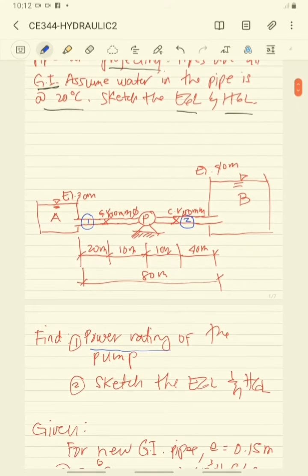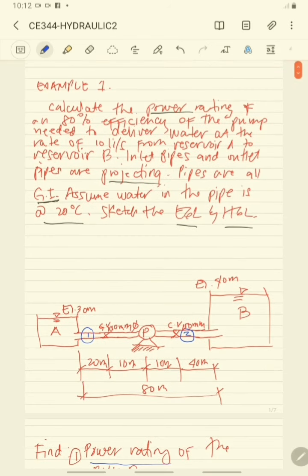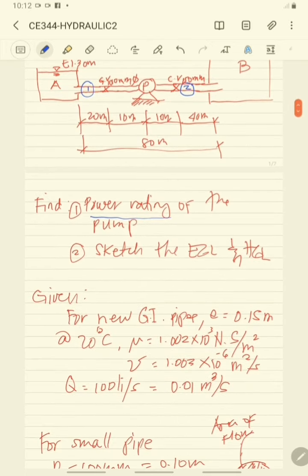Correction: the power here of the pump that we need to get is the power input, because the efficiency is also given, which is 80%. So I have to write now efficiency of pump, which is equal to 80%.